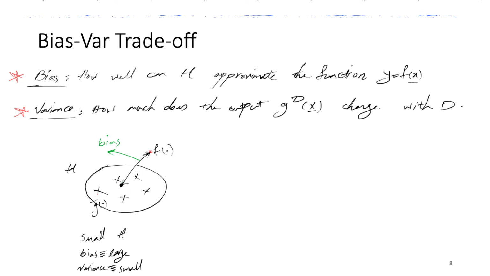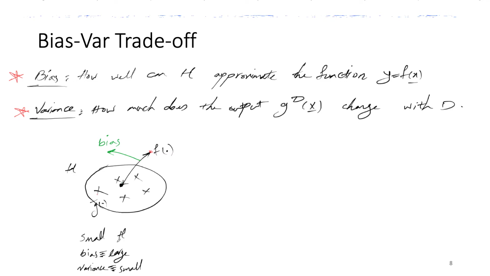You have this amount of difference between your hypothesis and the real function y. The difference here is called bias in this case. Suppose you were using this hypothesis as your candidate, g bar of x, and since you had only one hypothesis, g bar would be equal to your g.